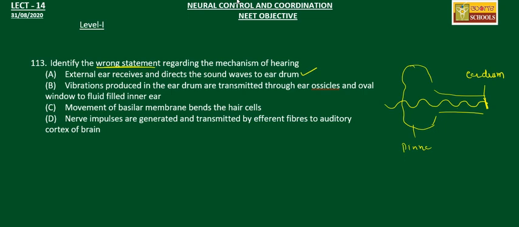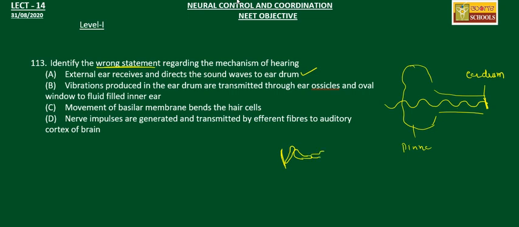Vibrations produced in the eardrum are transmitted through ear ossicles. Yes, behind this eardrum we have ear ossicles. Those ear ossicles are three tiny bones, connected one to one in this way.